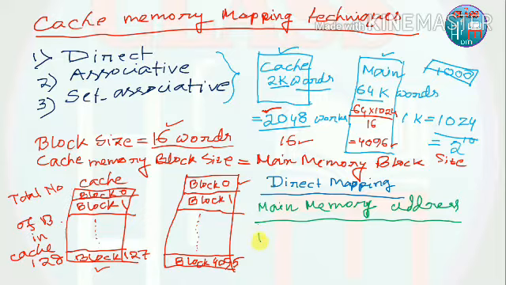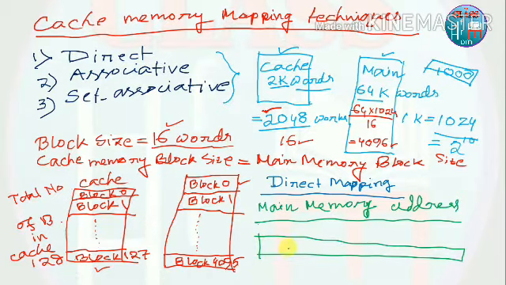Now suppose at first you have to decide what will be the total number of bits in the main memory address. At first you have to find out the total number of bits. How do we calculate the total number of bits in the main memory address?